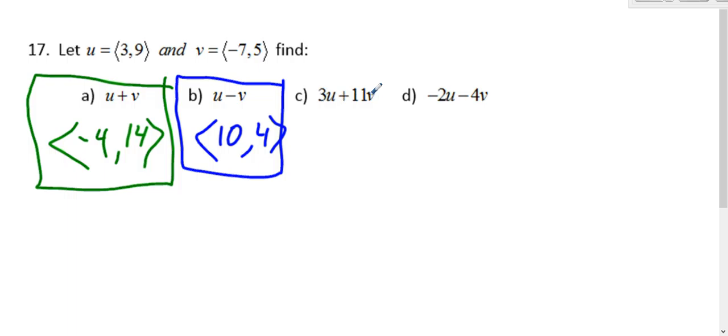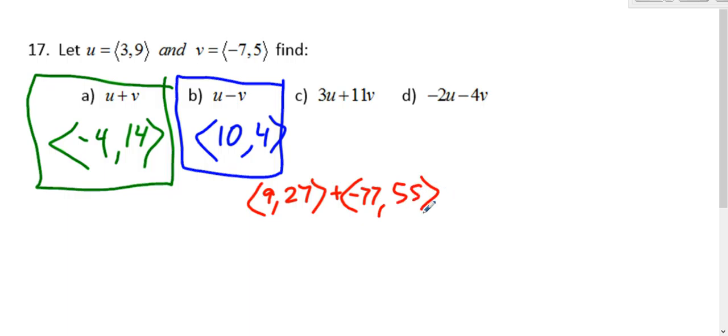Three u plus 11v. So you have to first multiply everything in u by 3. So we're really going to treat that as, or sorry, 9 comma 27, plus 11v. So that would be -77, 55.